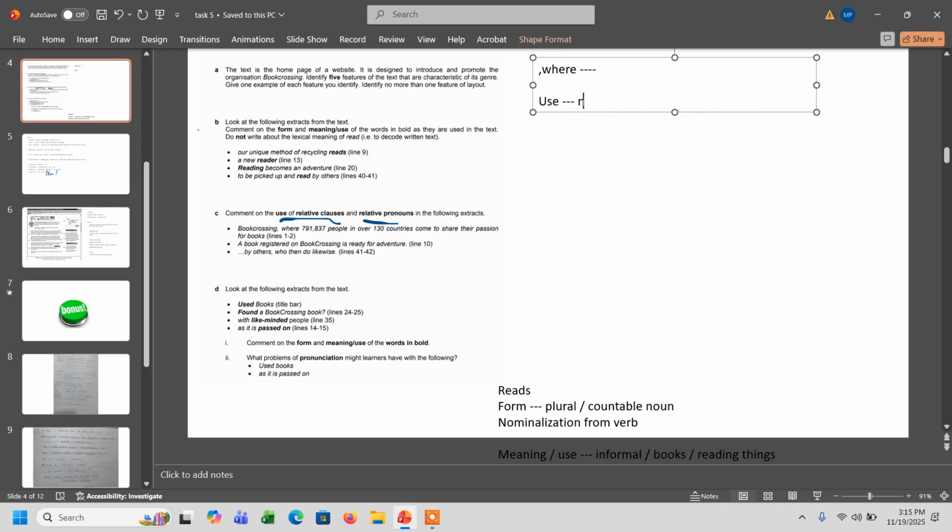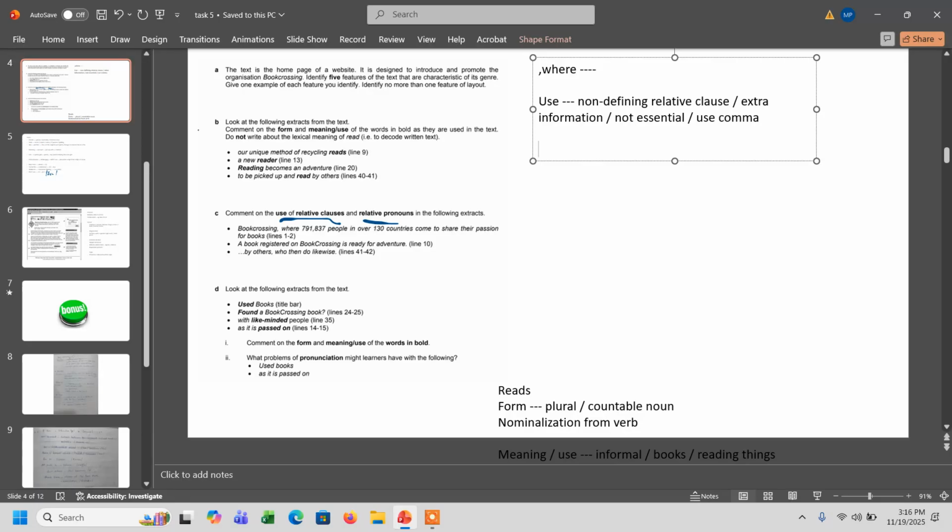So this is a non-defining relative clause because we can see the comma. It is adding extra information, not essential. Okay, use comma. This is the use for number one. Let's move on to number two.